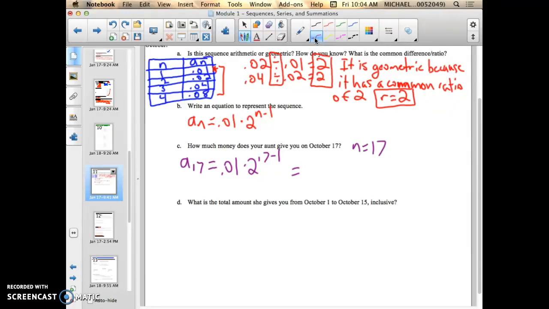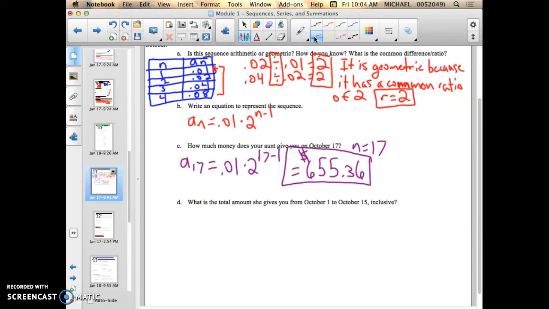So if I put 0.01 times 2 raised to the 17 minus 1 in my calculator, exactly like I see it, I get $655, not $665, $655 and 36 cents. So if you can tell, doubling your money every day is very advantageous for you because in 17 days, she's going to give you $655. So that answers part C.